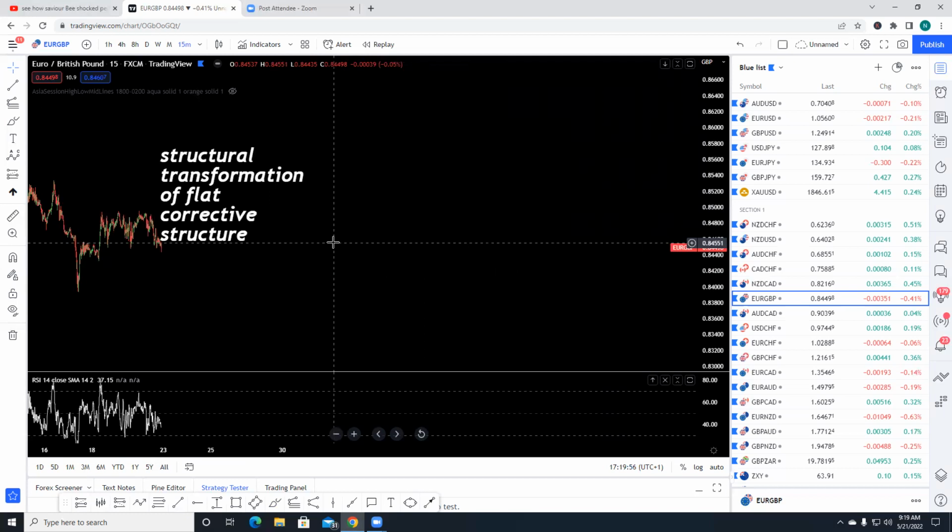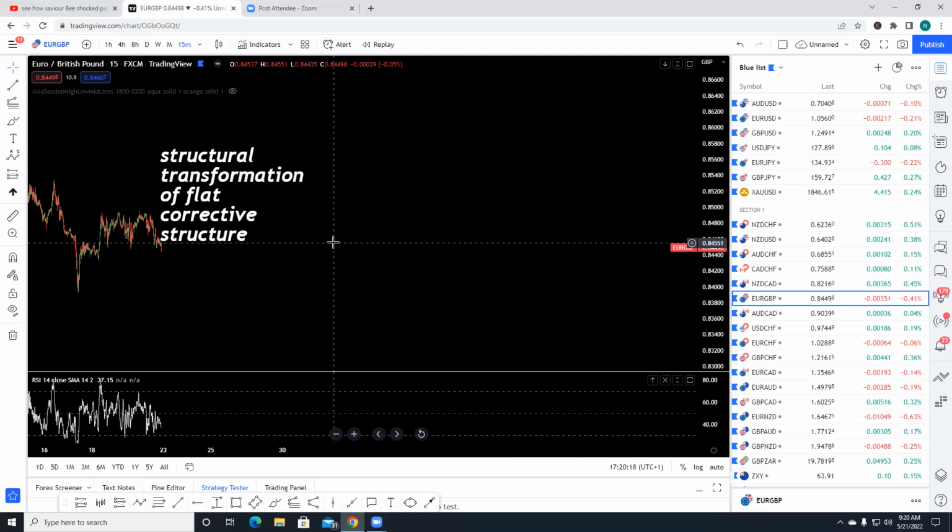And the way you trade an expanding flat is different from the way you trade a running flat. So if you are applying the methodology you use in trading a regular flat, and that regular flat now transforms to another type of flat, you are going to lose.